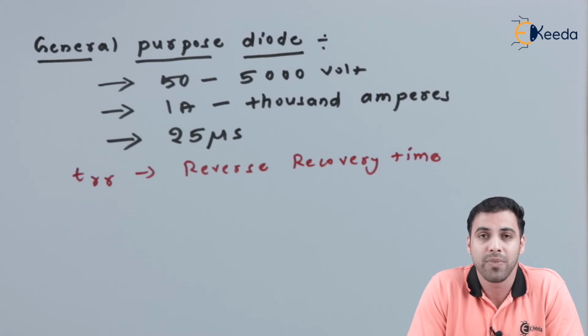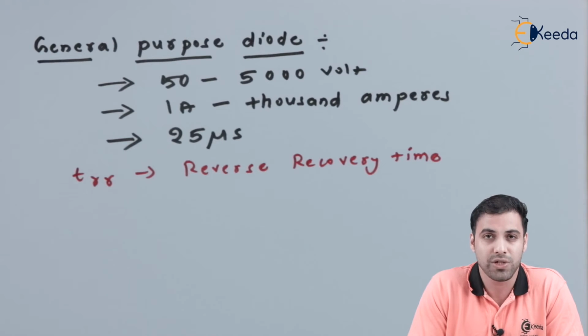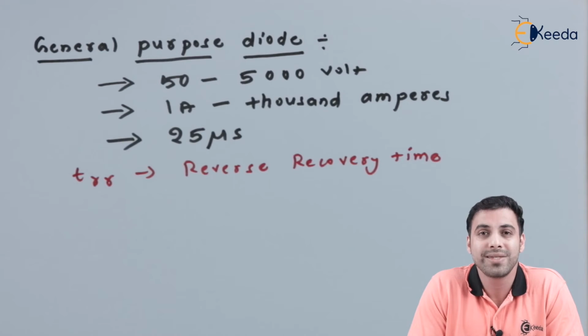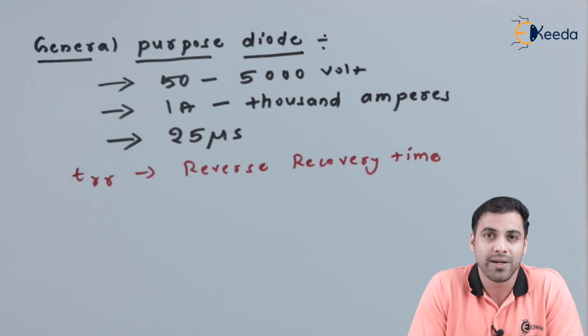At that point, during conduction, the diode has a tendency, because of its p-n junction, to store some electric charge. Once it stops conducting, it tends to discharge the charge it stored earlier. Because of that charge being discharged, there is a flow of reverse recovery current, and the interval of time for the reverse recovery current to flow is called the reverse recovery time.